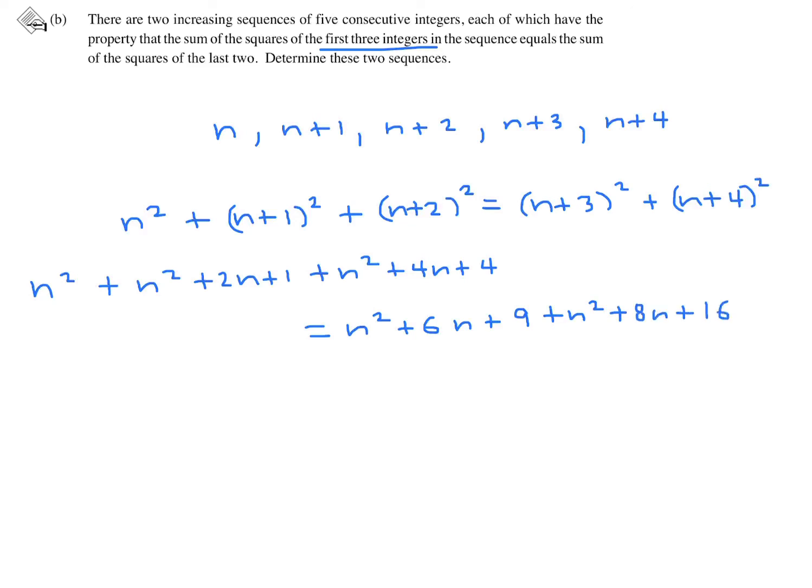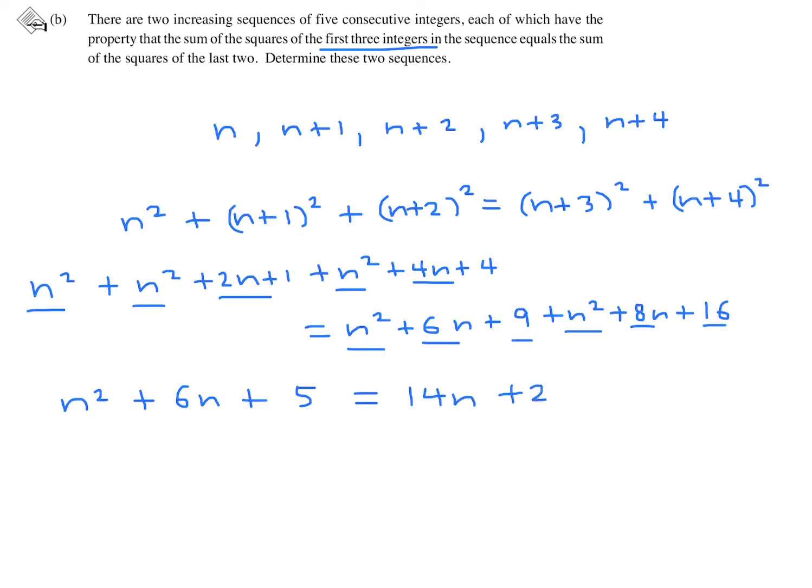All right. Collecting terms, we got 3n squared on the left and 2n squared on the right, so that will become n squared. Then 2n and 4n is 6n, and then 5. On the right, 6n and 8n is 14n, and 9 and 16 is 25. All right.